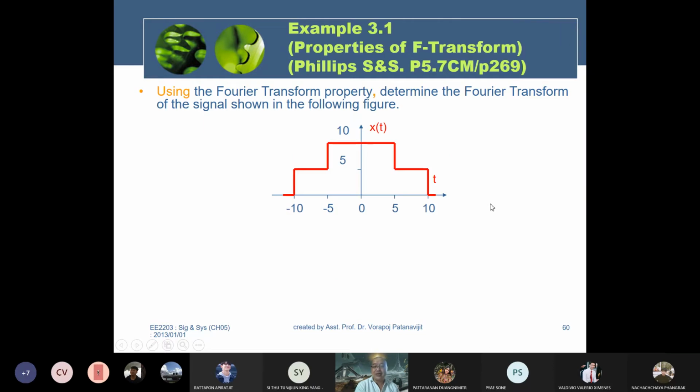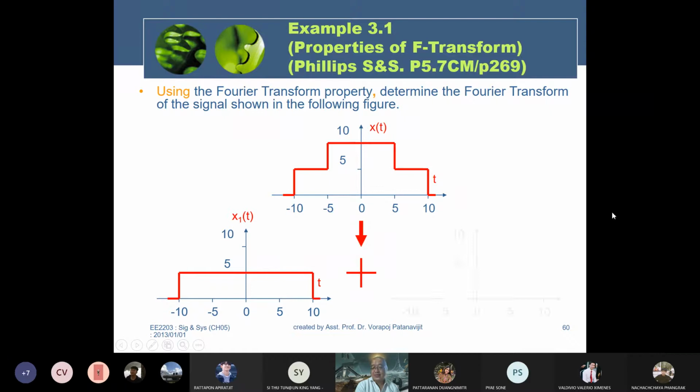Now, with this idea, use this property to determine the Fourier transform of this signal. For this signal, you can determine the Fourier transform directly, but you must integrate by separating it into five zones: 0, pi, 10, pi, and 0 again. If you use an alternative technique, you split this complex graph into two simple graphs, two simple rectangles.